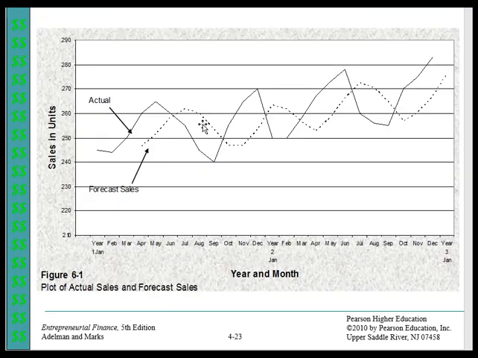So again, graphically, what this looks like is here's the actual numbers, and what you see is the forecast. It gives us a little bit of a smoothing pattern. Now, when you watched one of our videos previously, it talks about what happens when the actual numbers cross the prediction numbers.